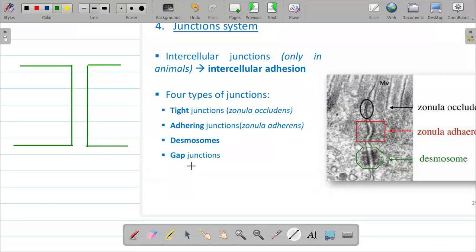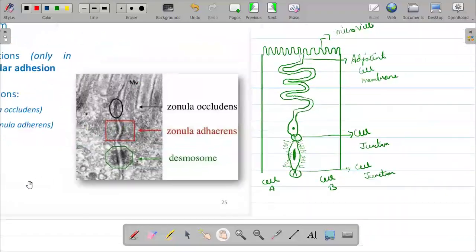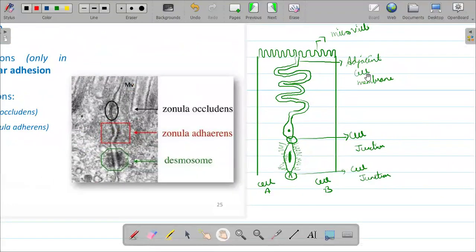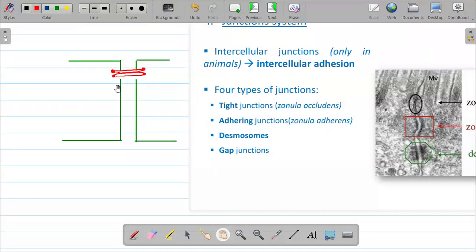Now there's one junction in this area alone. So two cells have to be held together, right, in one particular area. The separation between cell A and cell B, that rectangle, is the adjacent cell membrane.